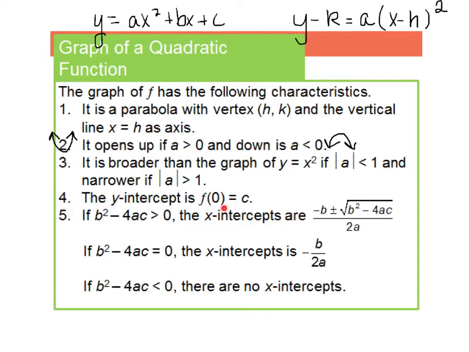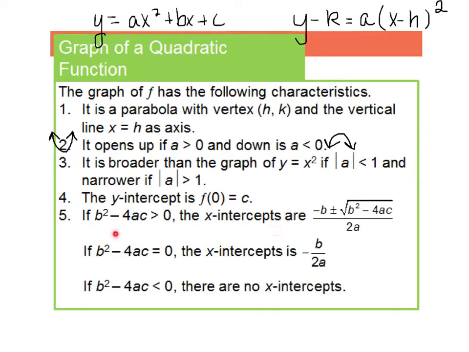Your y-intercept, you plug 0 in for x, you end up with (0, c). So your y-intercept is c. And then all of this here, that's part of the quadratic formula, and it actually starts giving us x-intercepts.